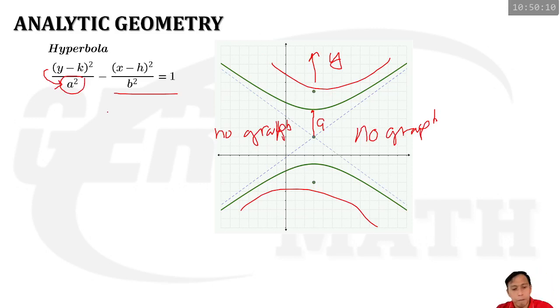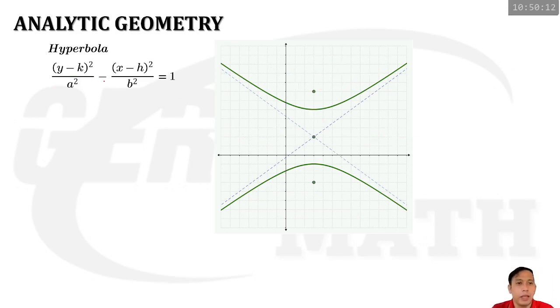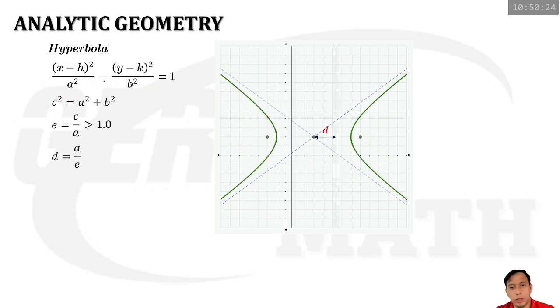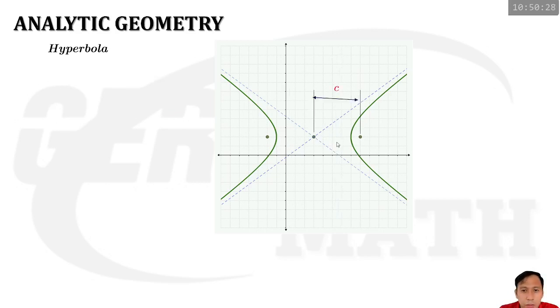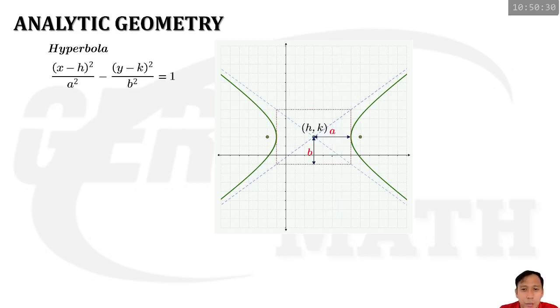Now take note that a may not be greater than b. In this graph, it seems like a is greater than b, but not all the time.